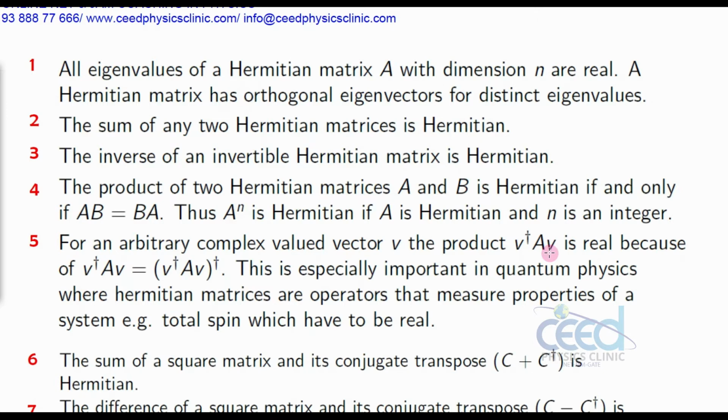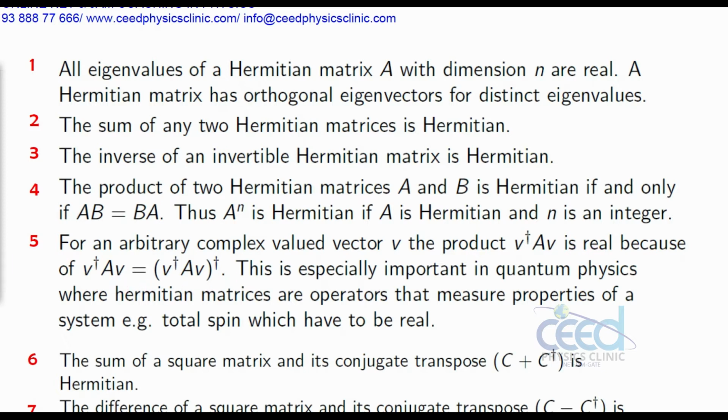That should be real, because if you find (V dagger AV) all dagger, that should be equal to V dagger A dagger V. You can expand this, then V dagger is equal to (V dagger) all dagger, that is V into A dagger V dagger. That means for an arbitrary complex valued vector V, the product V dagger AV is real.